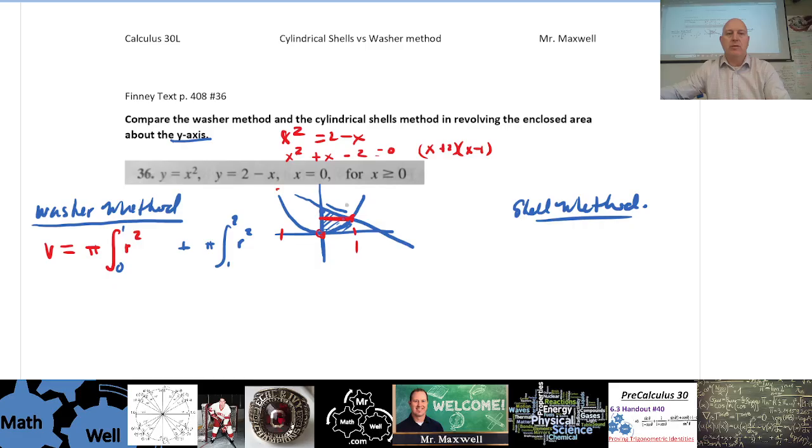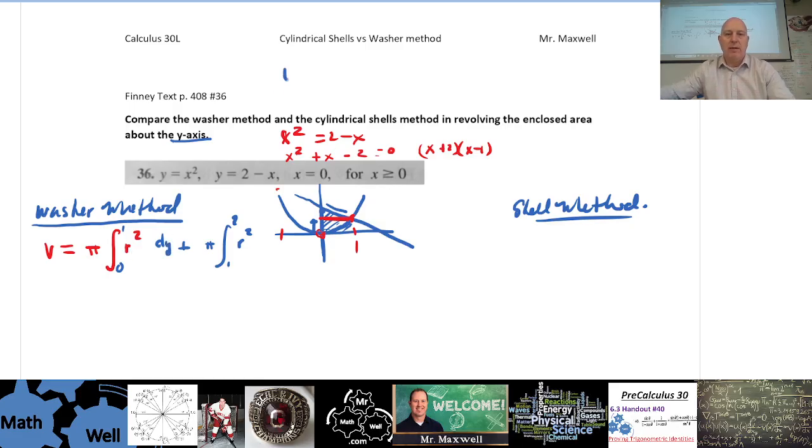That's the outer function. So this has to be x squared. Now, the thing is, everything has to be in terms of y for a washer method this way. So this is y1, 0, and this is y2, right? We're going up. And so that means that this needs to be dy, and the r needs to be in terms of y as well.